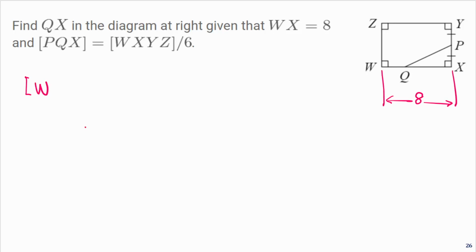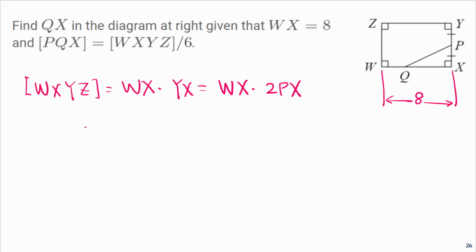First of all, we know the area of WXYZ can be calculated by WX times YX, right? And this is actually WX times twice PX, right?